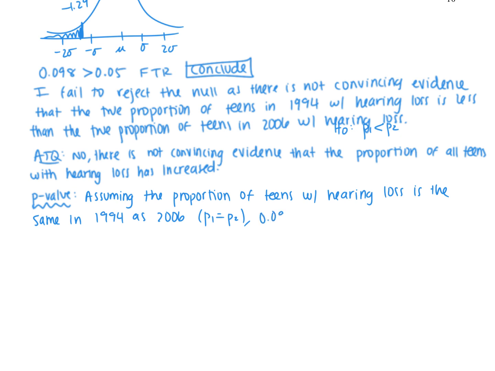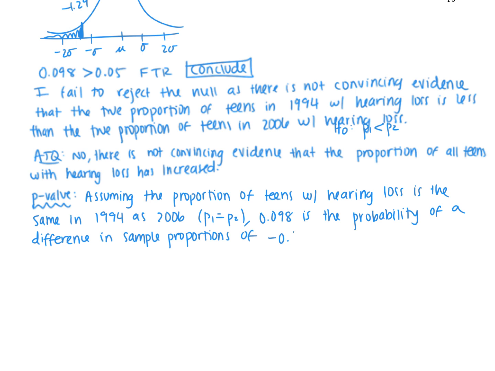0.098 is the probability of a difference in sample proportions of negative 0.015.